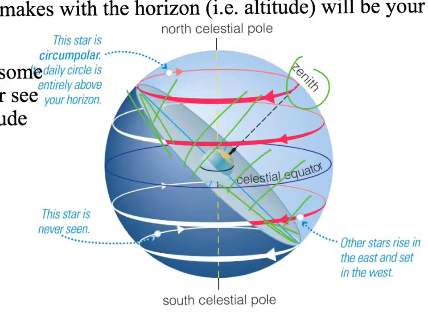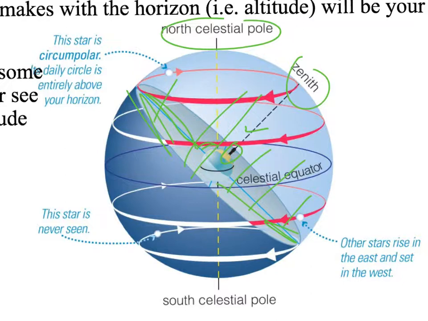If this person looks and finds Polaris, the North Celestial Pole Star, the angle that Polaris makes with the horizon is that person's latitude. So you've heard that in the past, sailors would use sextants to look at the angle that the stars make with the horizon to check where they were with regard to latitude. That's actually how that's working. So that's his local sky.